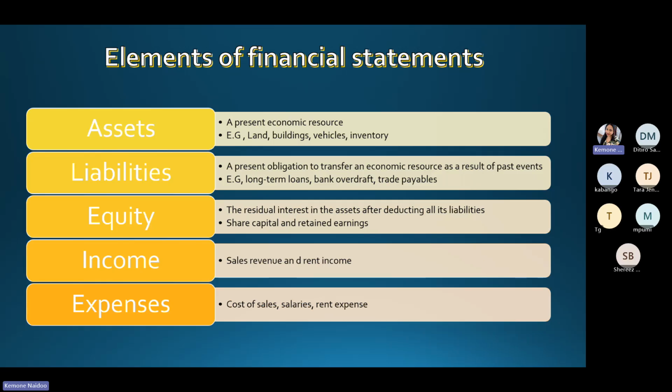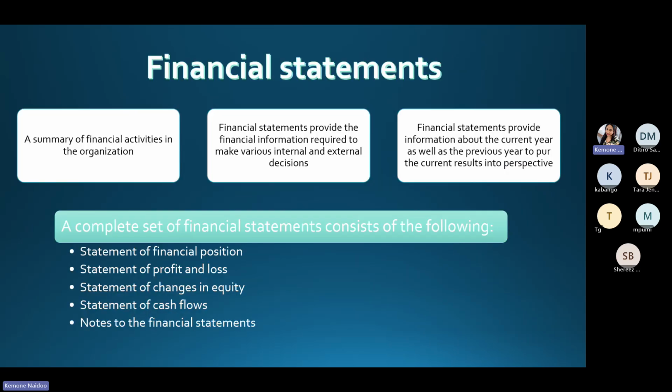So financial managers in a company, they are looking at developing these different financial statements based on assets, liabilities, equity, income, and expenses. What financial managers do and what their aim is, is to help the organization remain sustainable. So when we have these financial statements that are drawn up, they give us an indication of what the financial position of the business is.